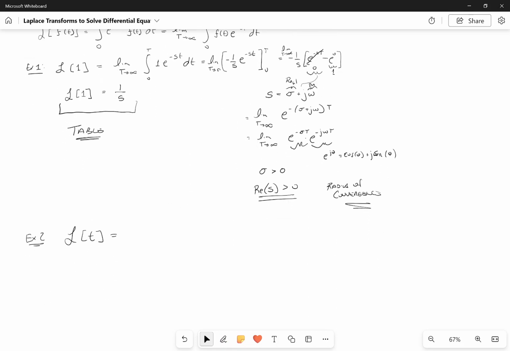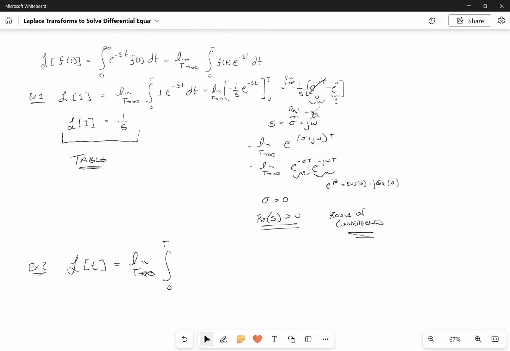So what are we going to have? We're going to say the limit as t goes to infinity of the integral from 0 to t of t times e to the negative st dt.